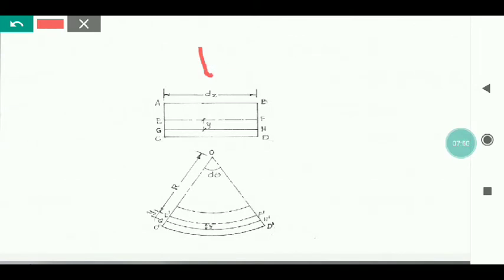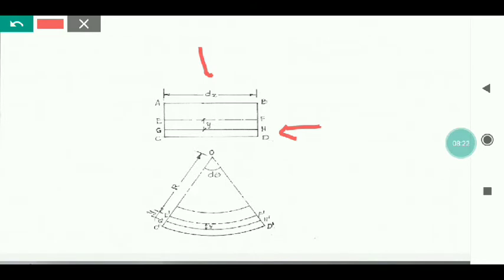The top element is taken as AB, the middle neutral axis is taken as EF, and another layer is taken here as GH, which is away from the neutral axis by a distance of y, and the bottom layer is CD. Hence the top layer AB experiences compression and the bottom fiber experiences tension.